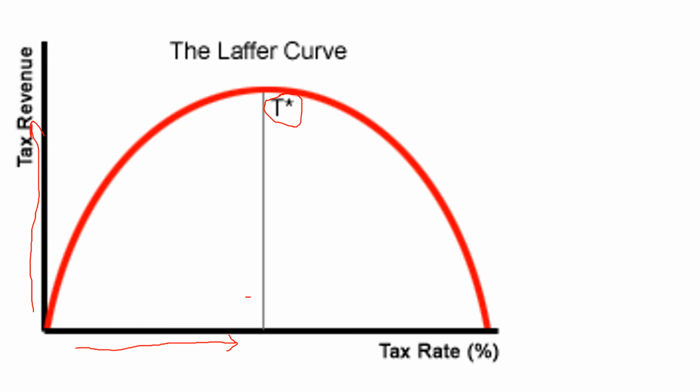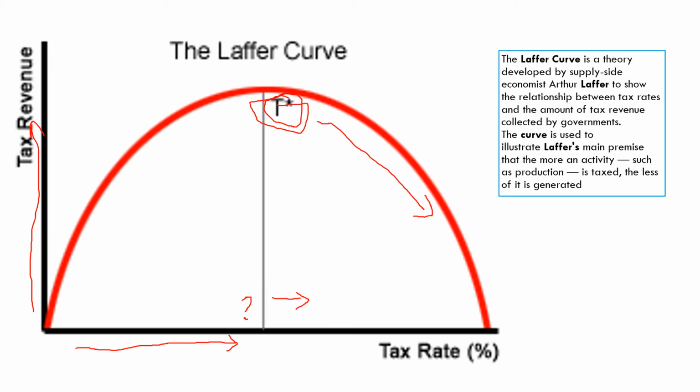But there comes a point where, as you keep on raising the rate of tax, people go, what is the point in working? Why should I work so hard? Why should I even live here? Why should I pay tax here? And actually you put taxes up so high that government tax revenues start to decrease. And so the question is really, what is this optimal rate of tax for an economy that maximizes tax revenue?